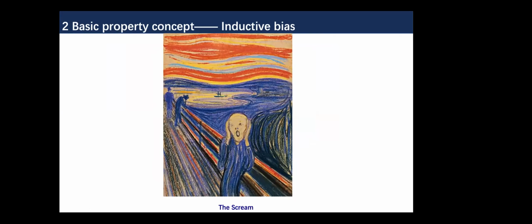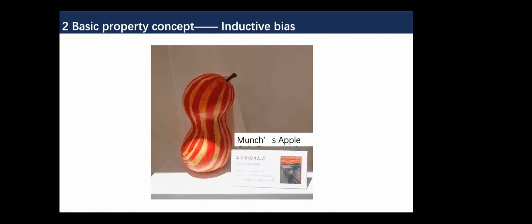He takes life, death, love, terror, and loneliness as his subjects and expresses his feelings and emotions with strong contrasting lines and colors, blocks, and exaggerated shapes, like in this drawing, which is really weird with some shapes here and some color blocks here. So the apple in his eyes maybe looks just like this one.